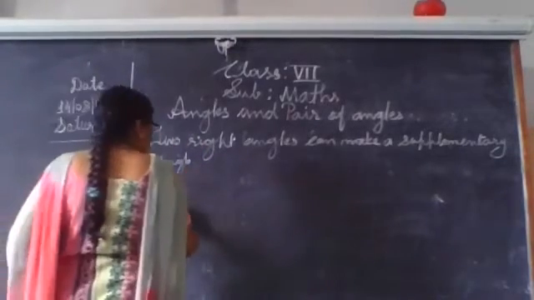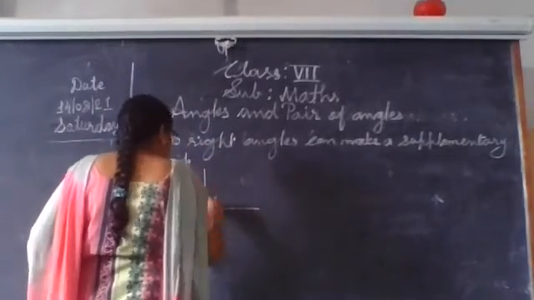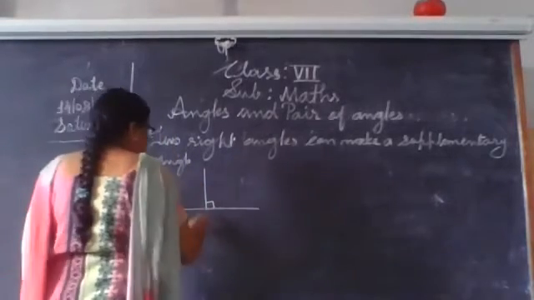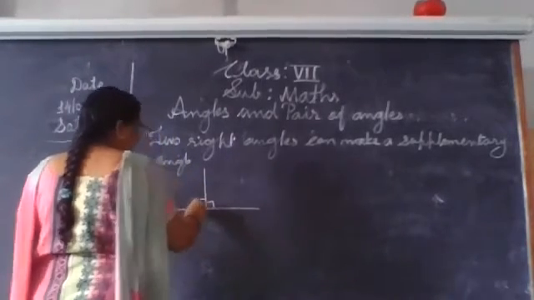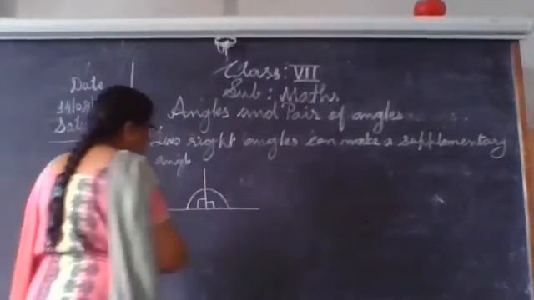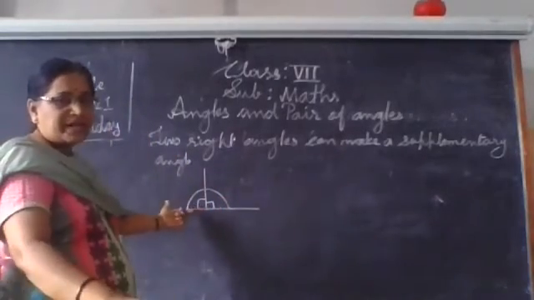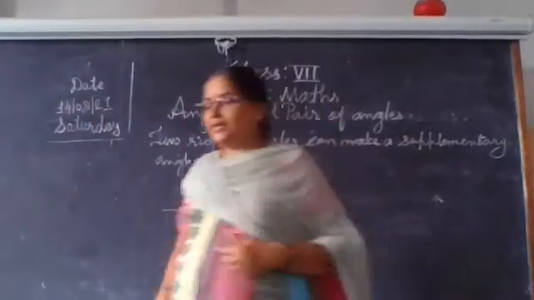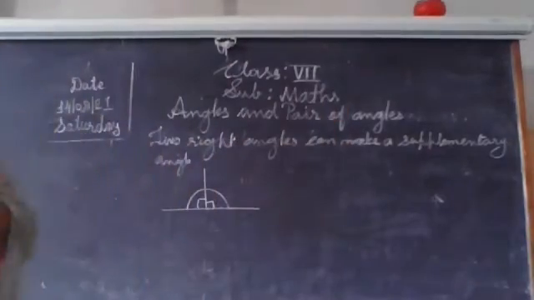For example, see, this angle is 90 degrees, and this one is also 90 degrees, and 90 plus 90 is 180. Here a straight angle is formed, and the measure of a straight angle is always 180 degrees. So this statement is correct. You can make a supplementary angle with two right angles.